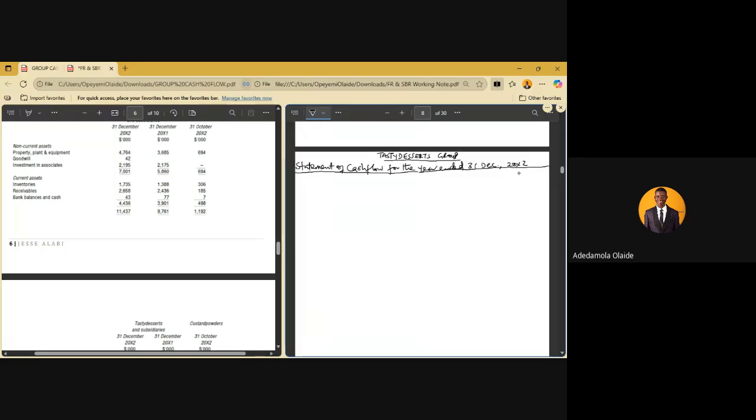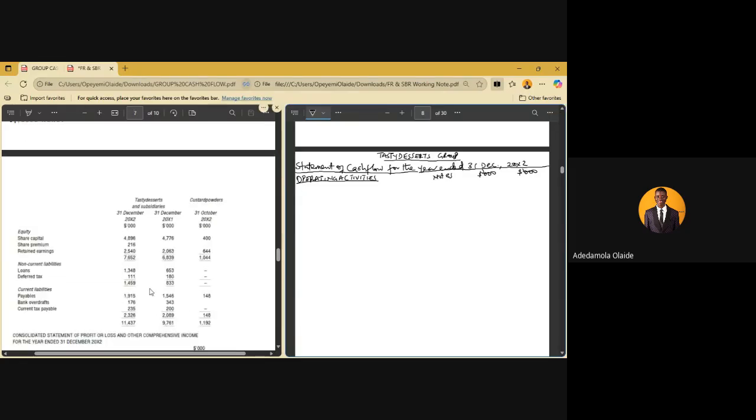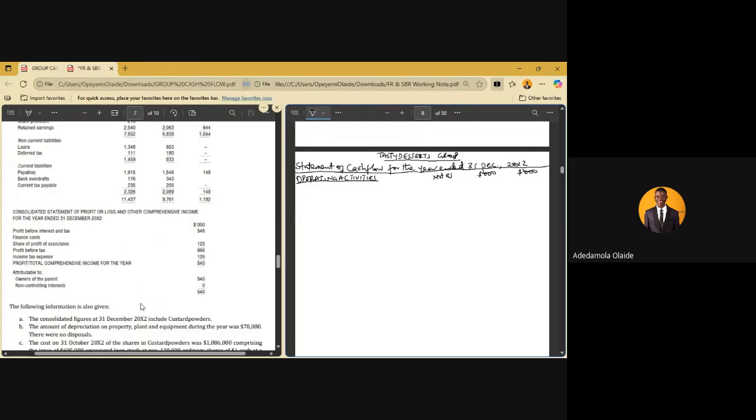So we have dollar in thousand, operating activities. Notes. As we all know, using the indirect method, we start with the PBT. So the consolidated PBT, profit before tax, is 666.